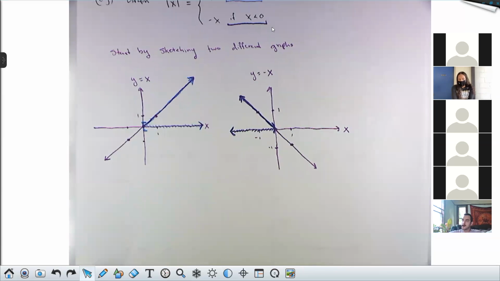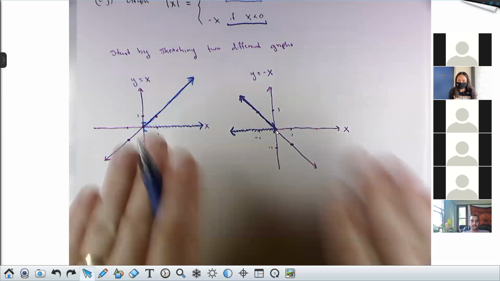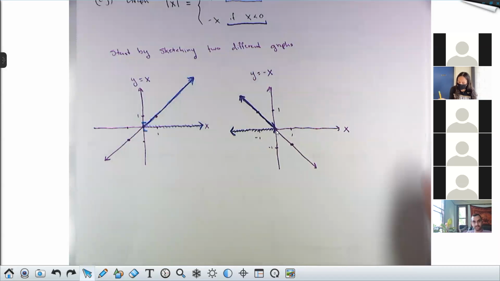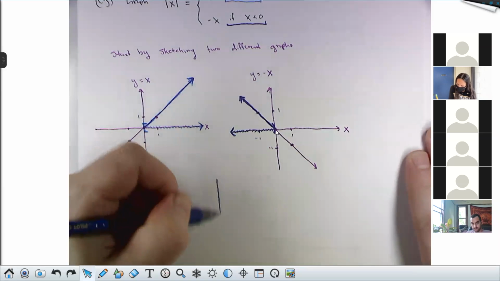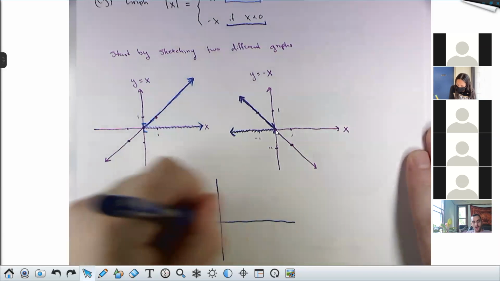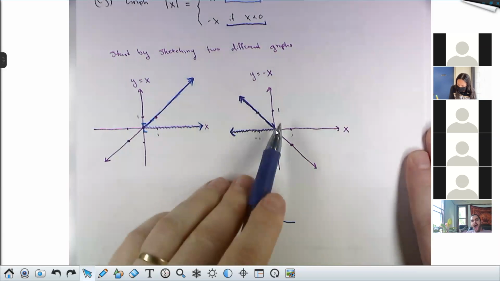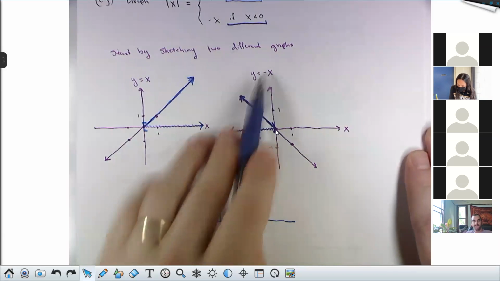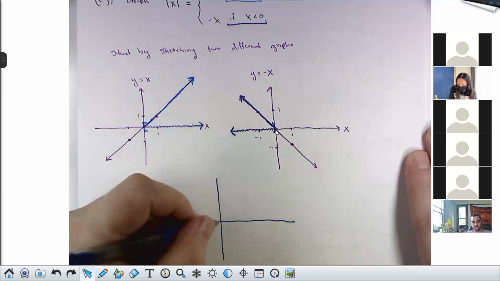So what we're going to do is take the shaded part of each graph, this part from the first and this part from the second, and set them on top of each other. And that will be the graph of my absolute value function. So from the y equals -x graph, I take just this part.